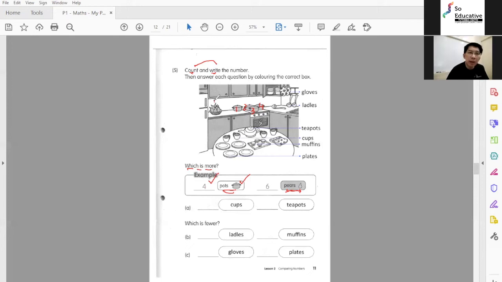So that's 1, that's 2, that's 3, that's 4, that's 5, that's 6. Okay. Now I know it can be a little hard. Okay. If you see it clearly, there should be 6 altogether.